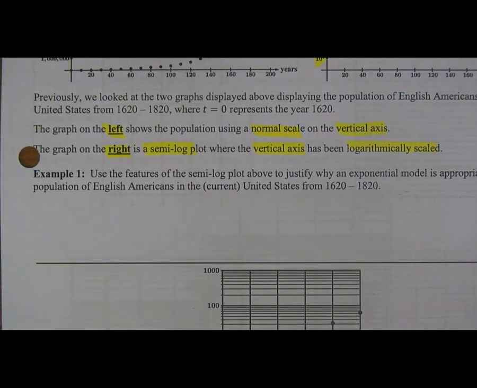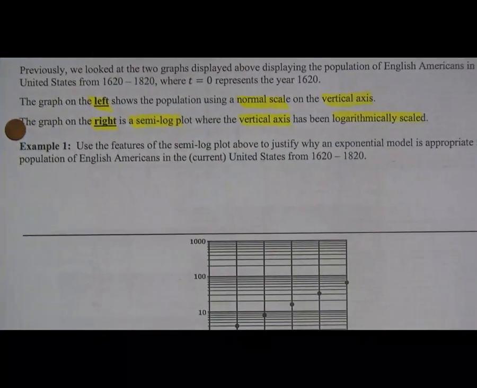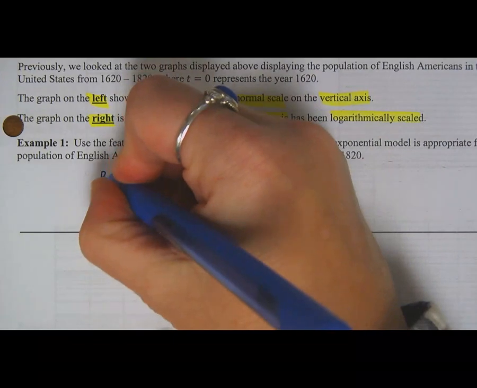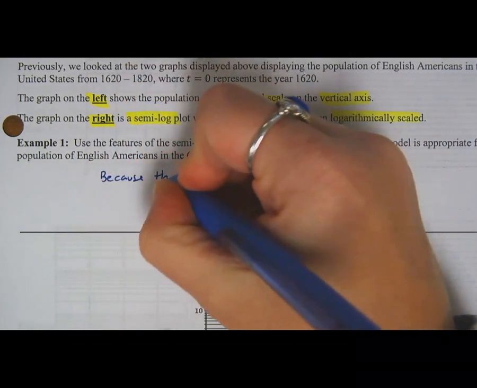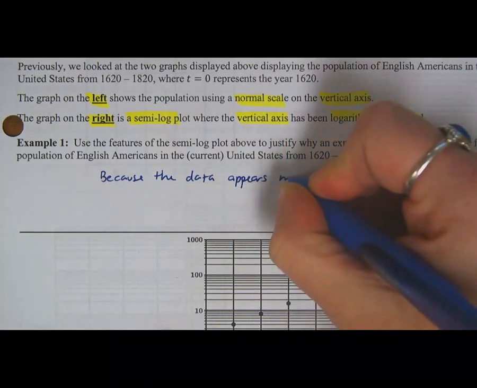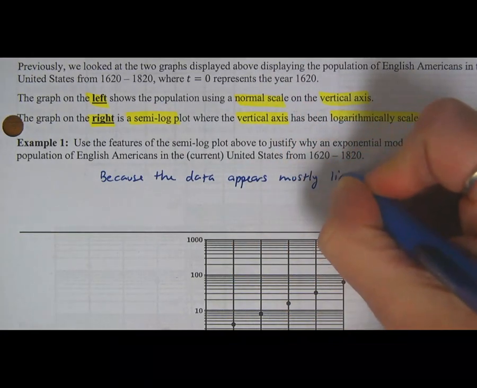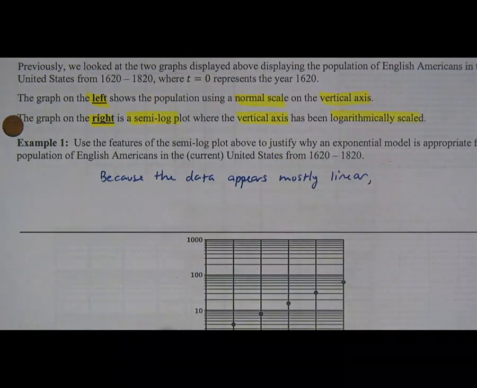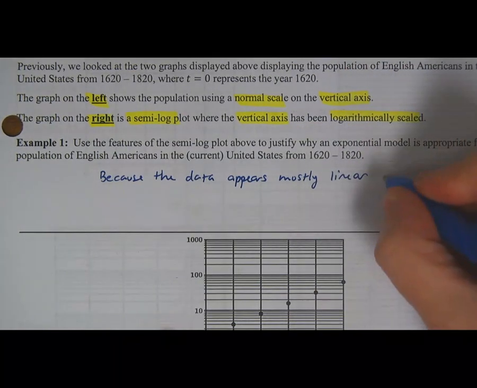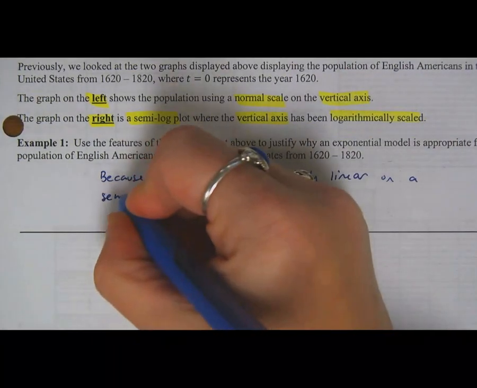Example 1. Use features of the semi-log plot above to justify why an exponential model is appropriate. You literally can just write, because the data appears mostly linear, and let's go ahead and expand on it just a tad.